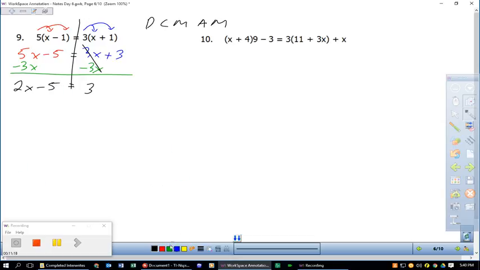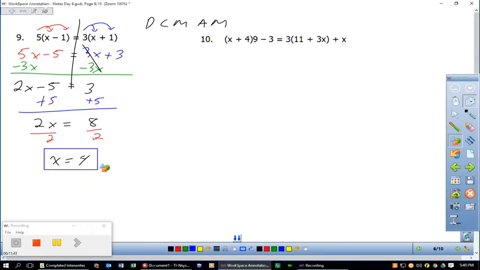Alright, add, subtract is our next step. Add 5 to both sides to give us 2x equals 8. Dividing by 2, we have x equals 4. And that is our solution number 9.